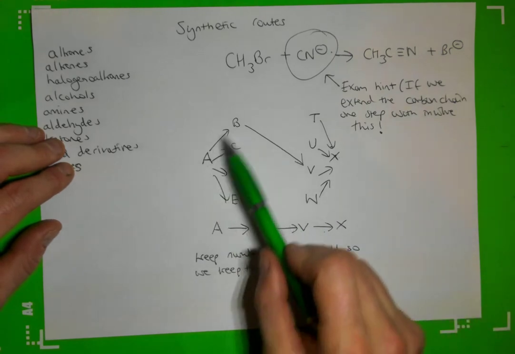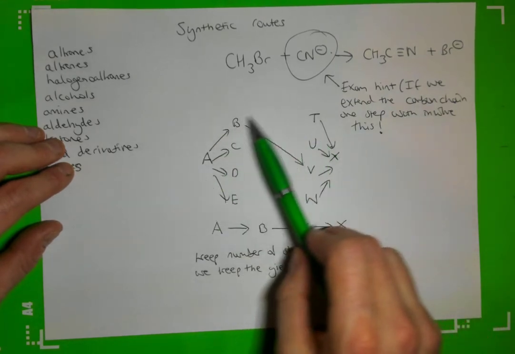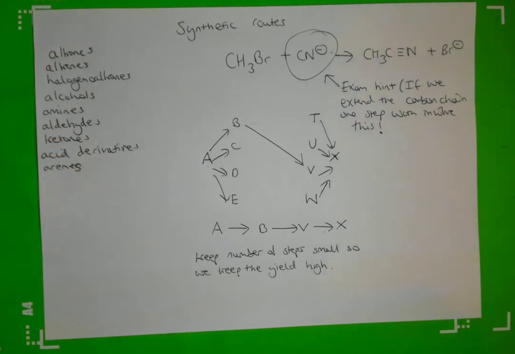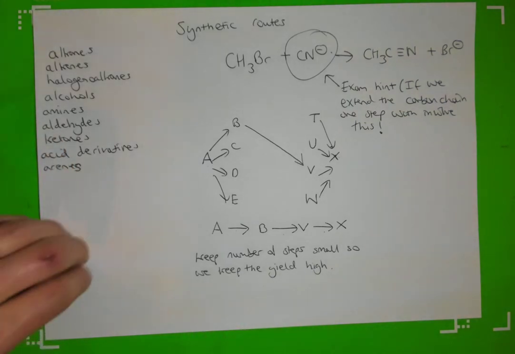Okay, what we need to do is we need to revise how all the functional groups are connected, and that's what we're going to do now. Okay, what you need to do now is you need to get a large piece of paper, at least A4, preferably A3 if you've got a piece of A3 paper. And what we're going to do is we're going to write down all the reaction schemes that connect all of these groups together.